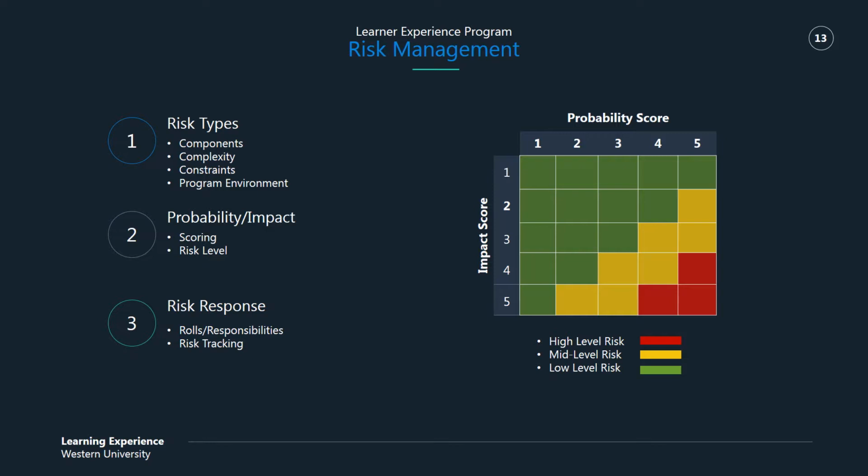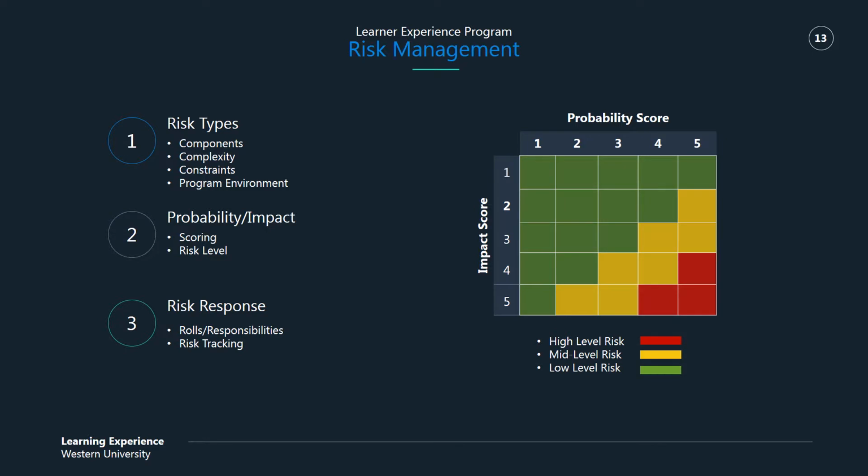So for instance, if the cost or the schedule is to increase between 0 to 20%, that would be an impact score of 1. If the cost or schedule is estimated to increase between 20 and 40%, that would be a score of 2. And then so on and so forth up until greater than 80%.